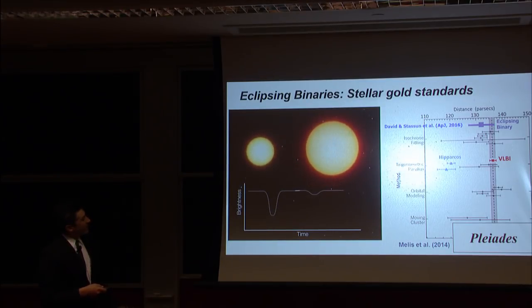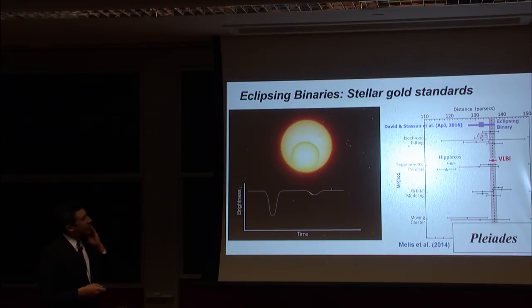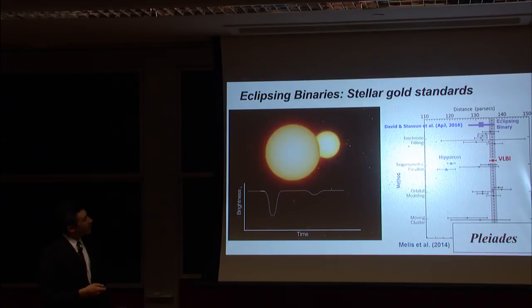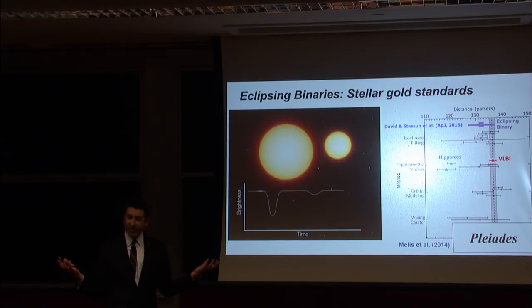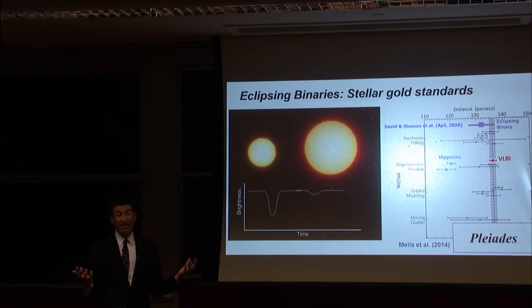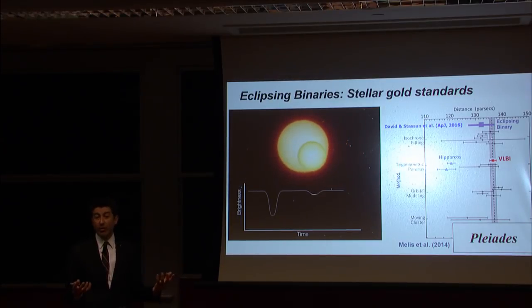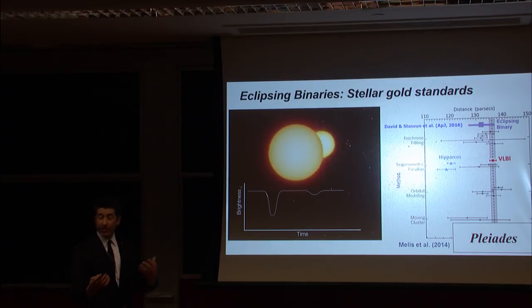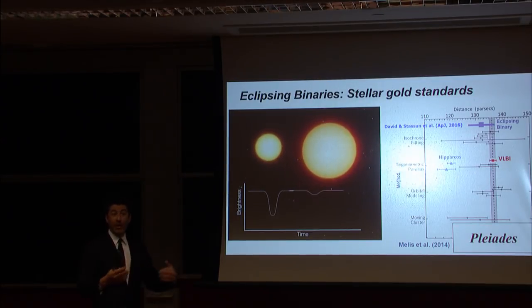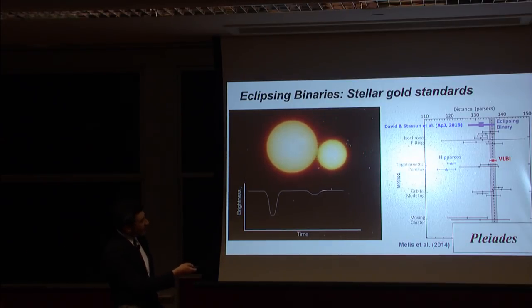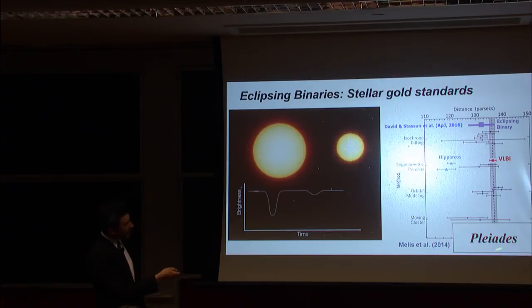But as we entered the era of Kepler and K2 and now coming up on TESS and Gaia, a number of us started thinking, well, how can we start leveraging the power of these eclipsing binary star systems, the handful that are known and very well studied, to test and calibrate and bootstrap to these upcoming much larger samples. So let me start with this example of the Pleiades.